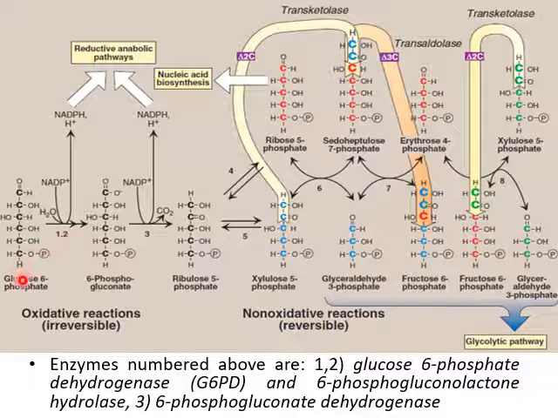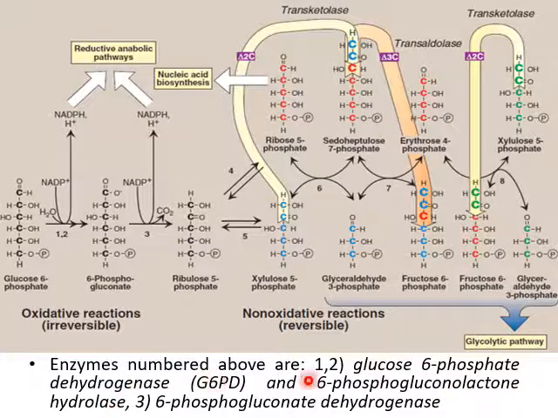So glucose 6-phosphate is converted into 6-phosphogluconate by using two enzymes, since there are two reactions involved here. The very first enzyme is glucose 6-phosphate dehydrogenase, abbreviated as G6PD, and the second enzyme is 6-phosphogluconolactone hydrolase.